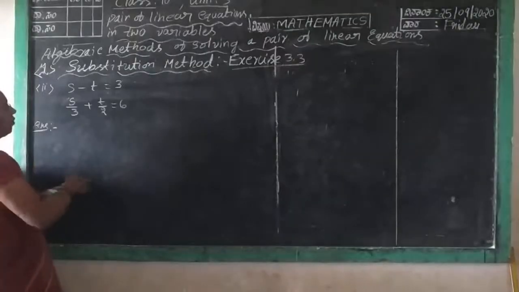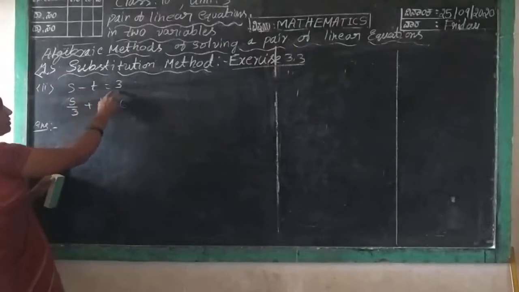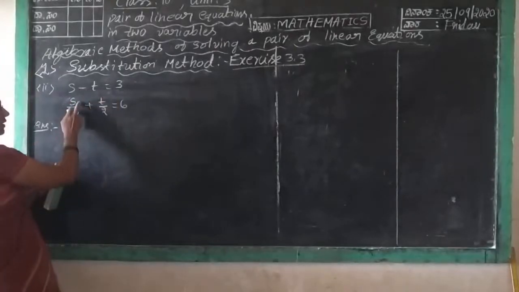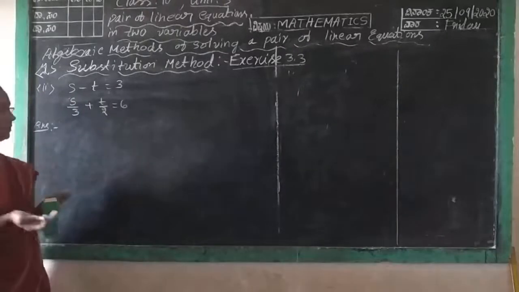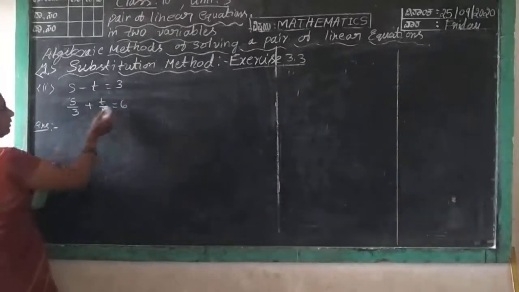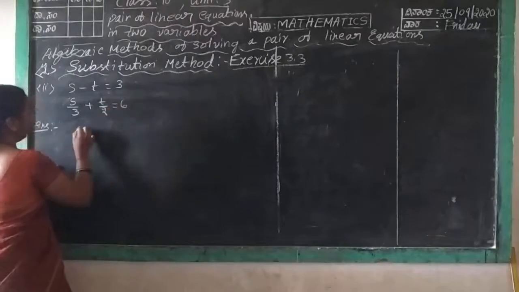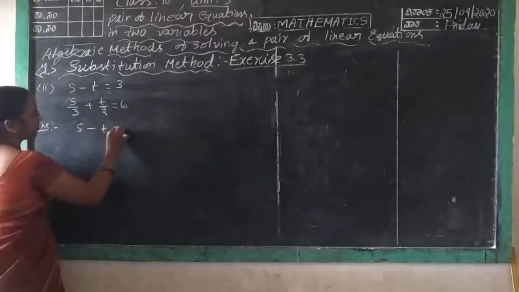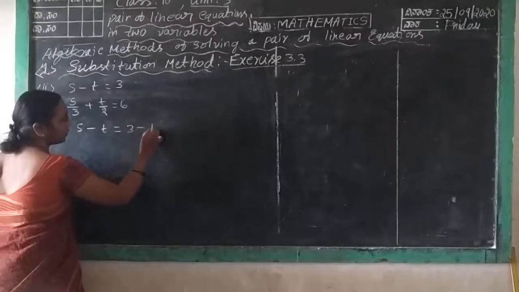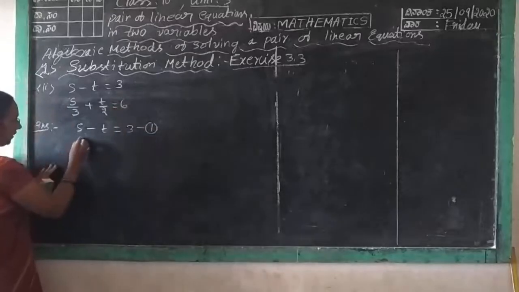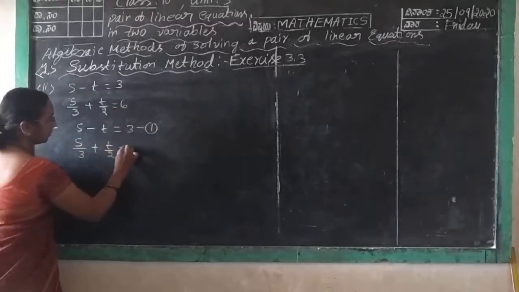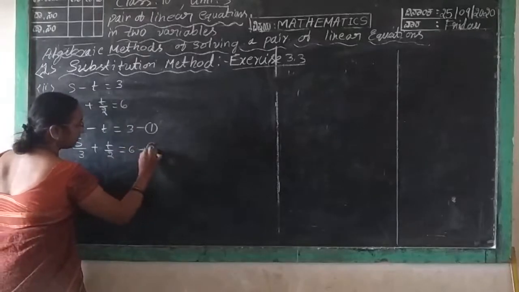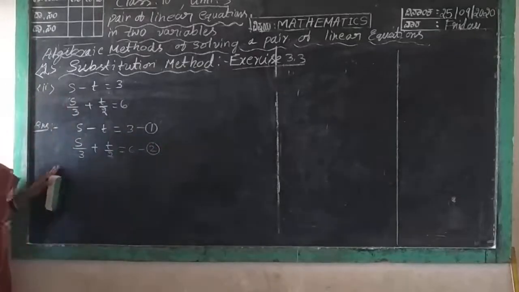Take another problem: s minus t is equal to 3. Then s by 3 plus t by 2 is equal to 6 is another equation. We take s minus t is equal to 3 as equation 1. Then s by 3 plus t by 2 is equal to 6 is taken as equation 2.